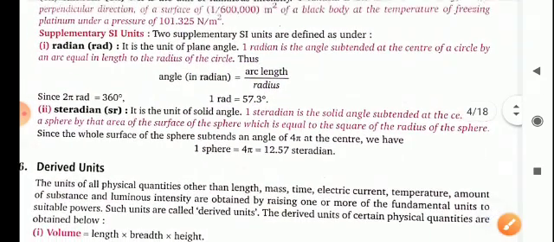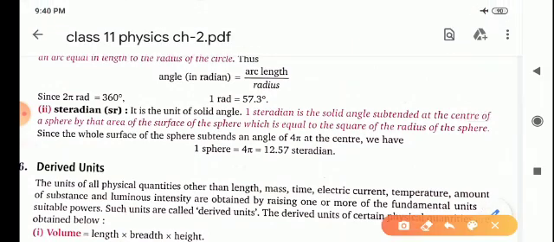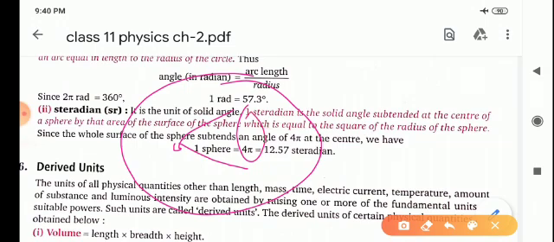Second point is steradian. It is the unit of solid angle. Consider a point, with delta theta as the solid angle.